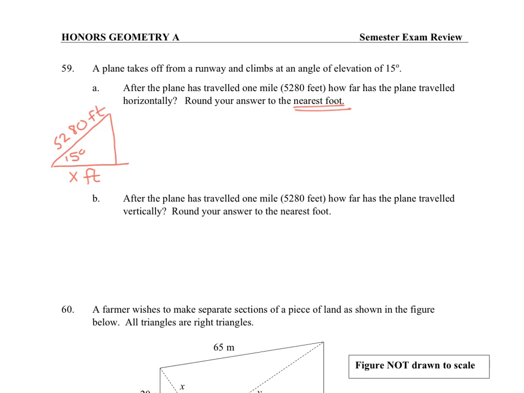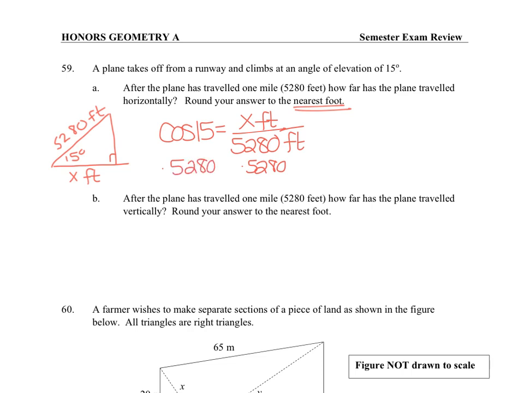Well, I'm given an angle, and I can see that I'm given the adjacent and the hypotenuse. So I'm going to use cosine, and cosine of 15 is going to equal x feet over 5,280 feet. To get rid of the denominator, I'm going to multiply both sides by 5,280.